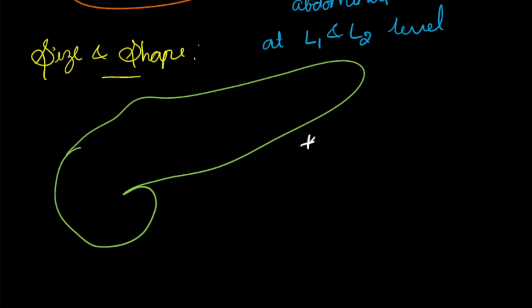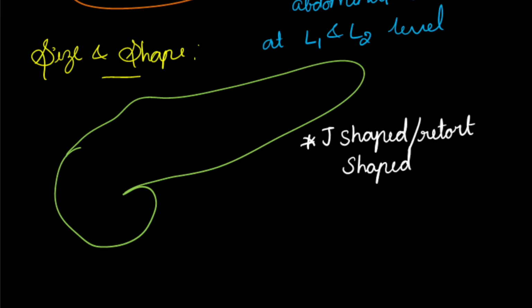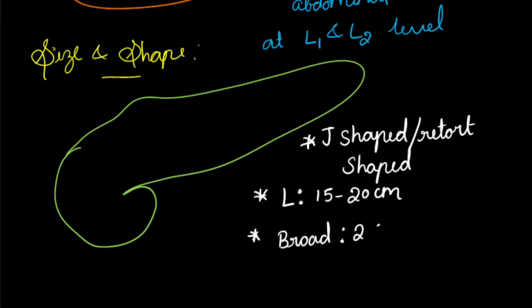Now regarding the size and shape of the organ, the shape is J-shaped or retort shaped, and the length of the pancreas varies from 15 to 20 centimeter. Then the pancreas is 2.5 to 3.8 centimeter broad, and it is 1.2 to 1.8 centimeter thick.